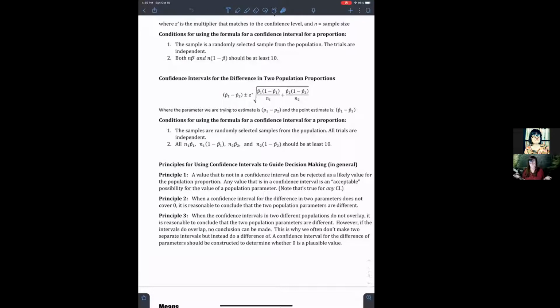It's just now I have to have it for both of my samples. So once again, both my samples need to be random. And for each sample, I need to have a big enough sample that I should be getting 10 successes and 10 failures.